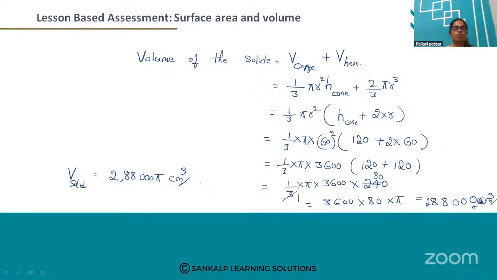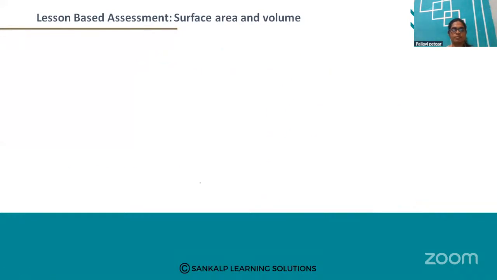So this is the volume of water left in the cylinder, means the volume of cylinder minus the volume of the solid. So volume of water left in the cylinder is equal to volume of cylinder minus volume of solid.